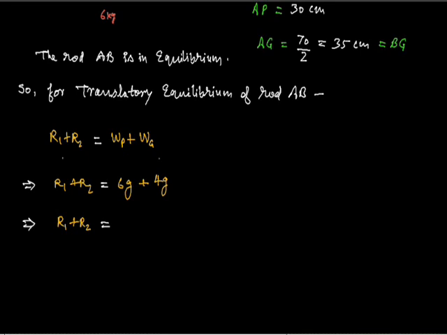The sum of R1 and R2 equals 10g, equals 10 multiplied by 9.8, or R1 plus R2 equals 98. Let us consider this as equation number 1.